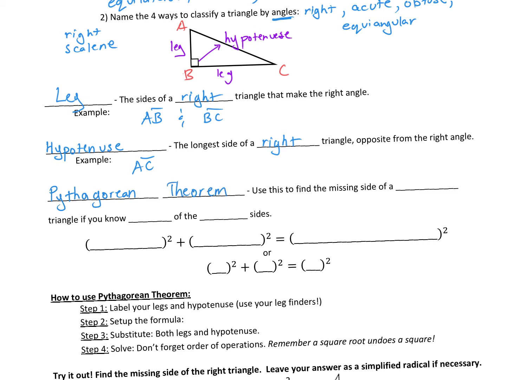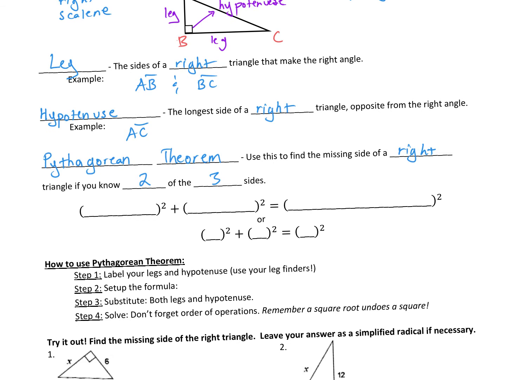The Pythagorean theorem uses this particular triangle, the right triangle, to find the missing side of a right triangle if you know 2 of the 3 sides. So it basically says if we have a leg squared plus another leg squared, it equals the hypotenuse squared.